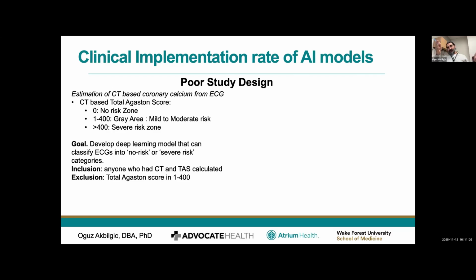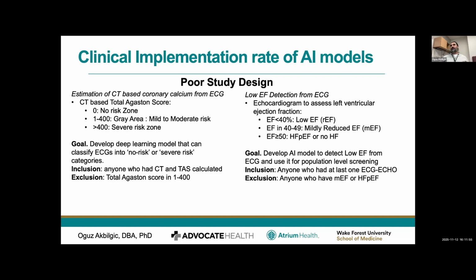This AI model never saw the ECG of a person with an Agatston score in the gray area. So when we have this model and want to use it on a new patient, we have their ECG but not their CT, and we cannot implement it because we don't know their total Agatston score. It's almost like a vicious cycle. So poor study design led this model to be not usable in the real world.